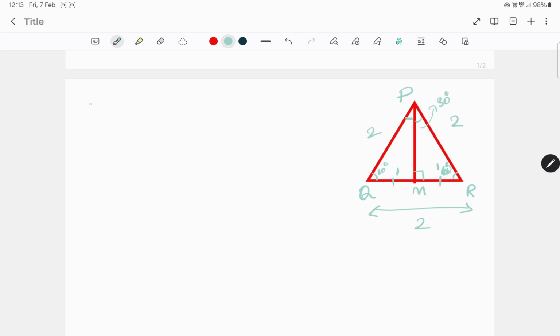Why? We have already said that the sum of the interior angles in a triangle is 180 degree. We already have 60 degree plus 90 degree. We need to find the remaining angle, take it as x degree.